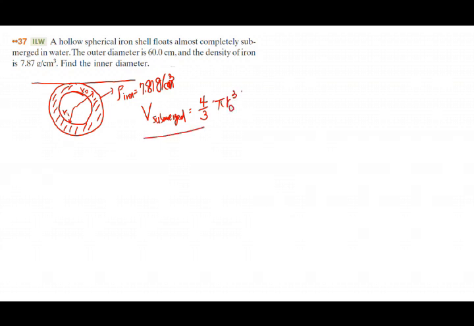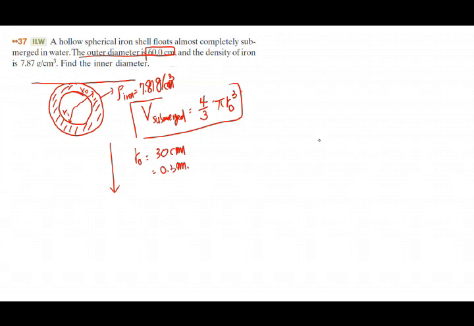That is the submerged part. Only the outer radius is in this formula because the total volume is defined by the outer radius. Now the outer diameter of this spherical shell is 60 centimeters, so the outer radius is 30 centimeters, which is 0.3 meter.